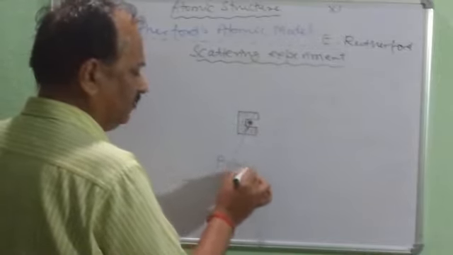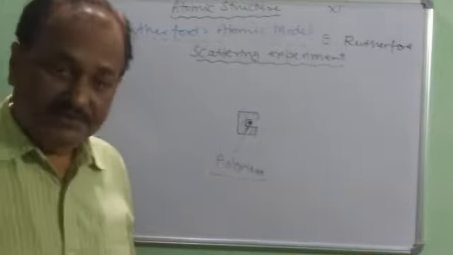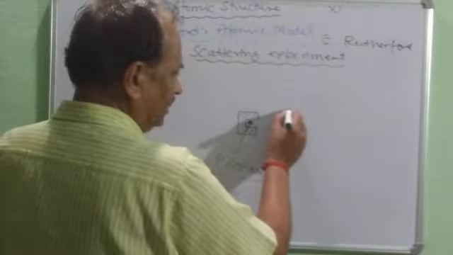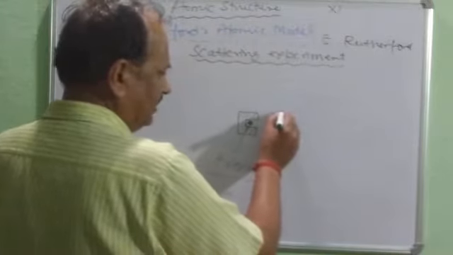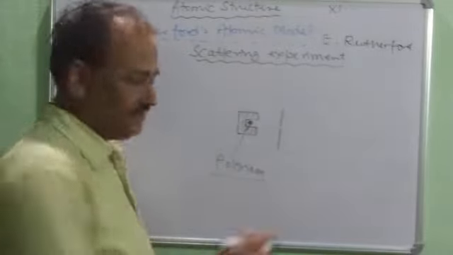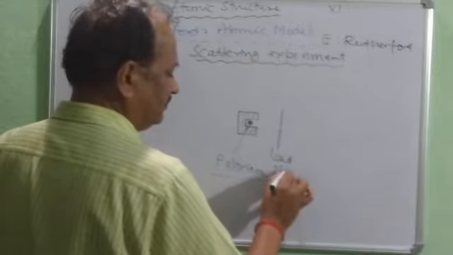Again, it was very much similar to radioactivity. So it was polonium. Now in front of polonium, he placed a lead plate or lead slit.